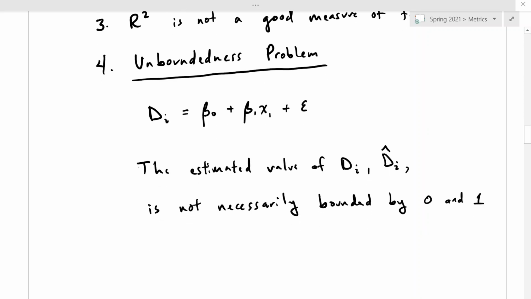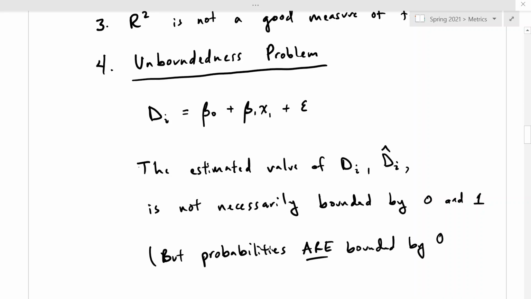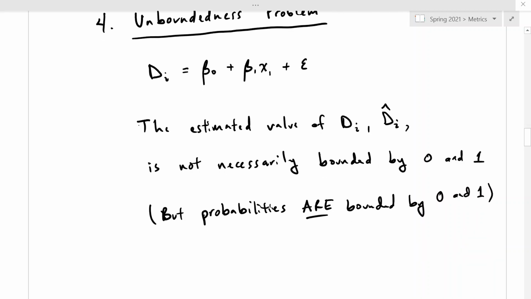But the reason that's a problem is that probabilities are bounded by 0 and 1.